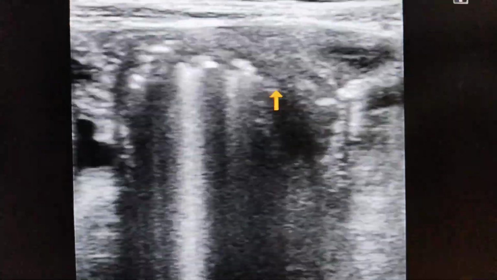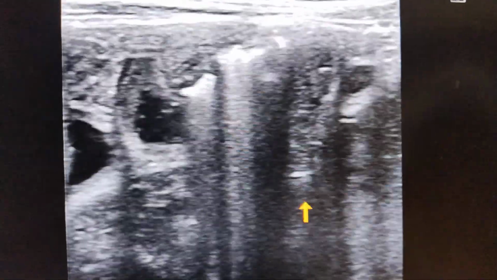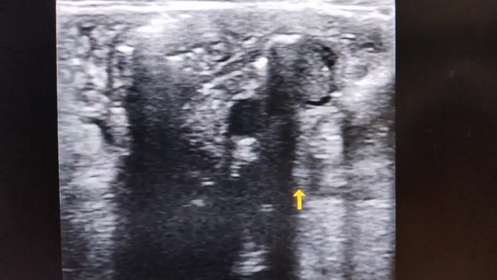So basically this is a case of intestinal malabsorption.